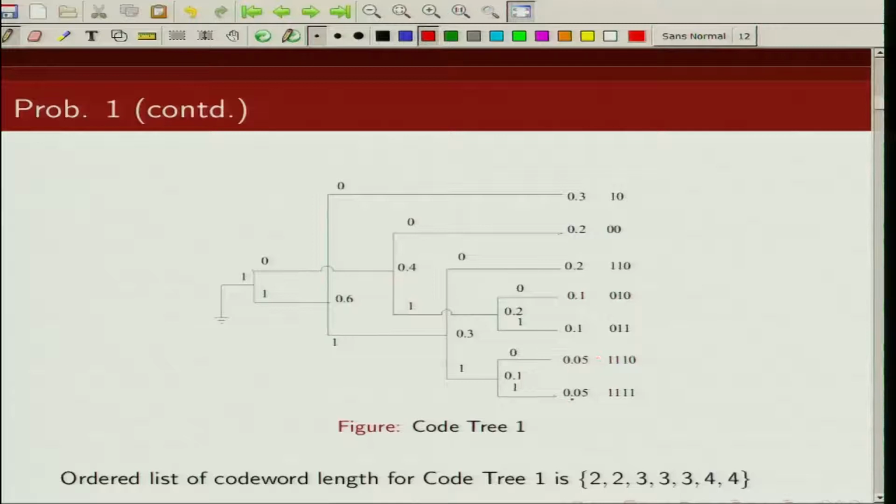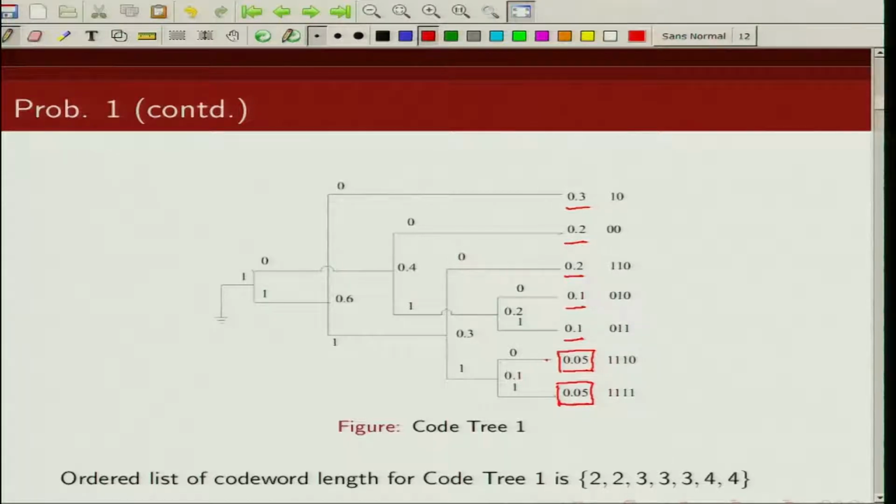So in this example, these are the probabilities of the U_i's: 0.05, 0.05, 0.1, 0.1, 0.2, 0.2 and 0.3. First we are going to combine these two.